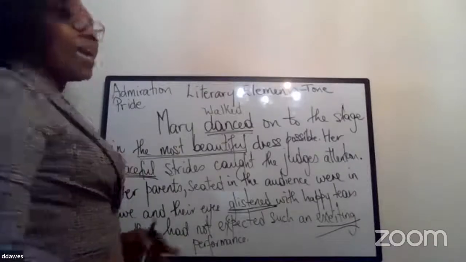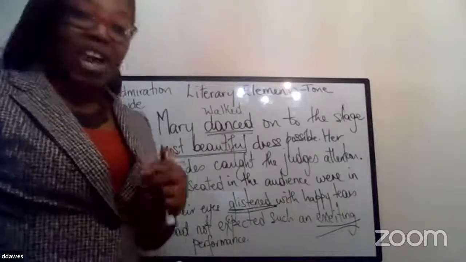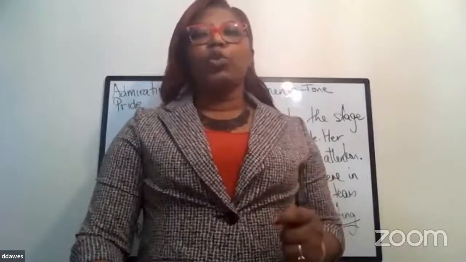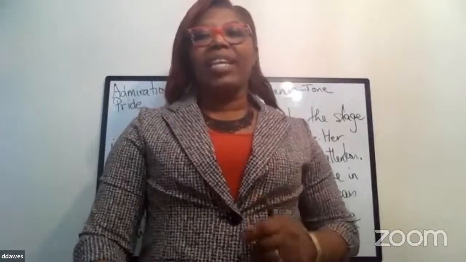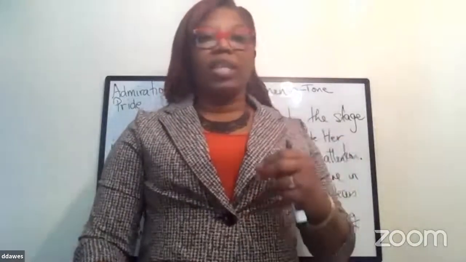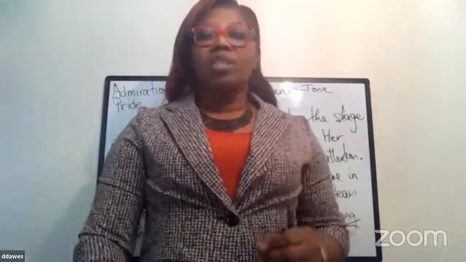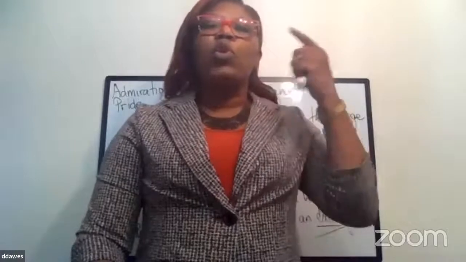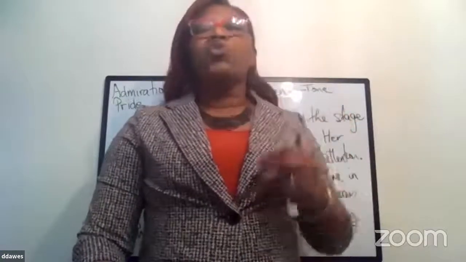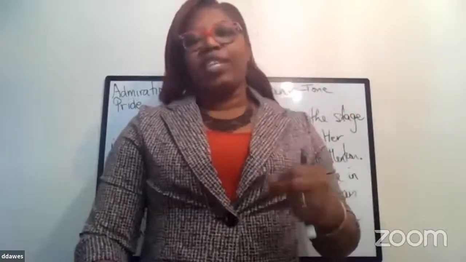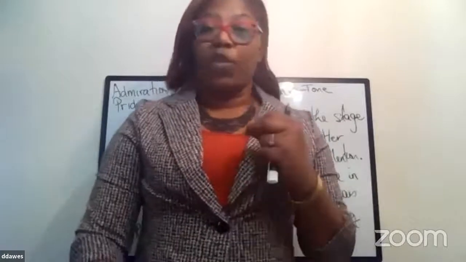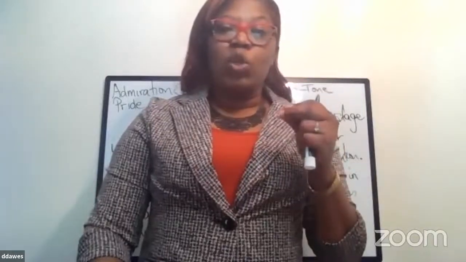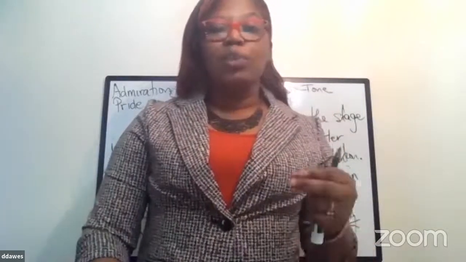Okay, and let me reiterate this, guys. In order for you to be able to adequately identify tone, mood, things like those, you must ensure that you have them stored up here. Again, let me reiterate, you do need to work on your vocabulary, because if you don't know the word to use, it is going to be problematic.